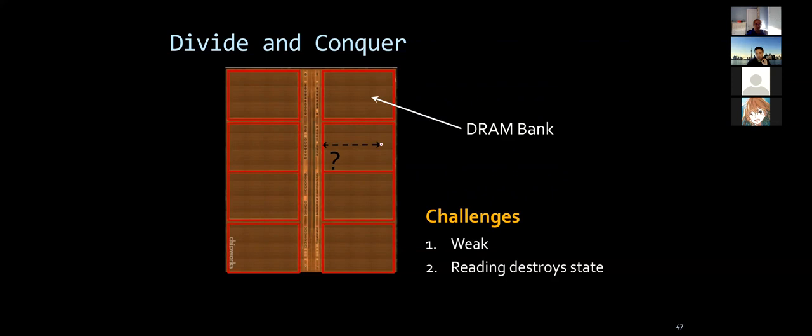So there are some challenges with DRAM, which again, I'm not going to talk about. One challenge is that there can be some weak cells. When you manufacture this thing, unfortunately, not every cell is identical, and weak cells would dominate the latency.